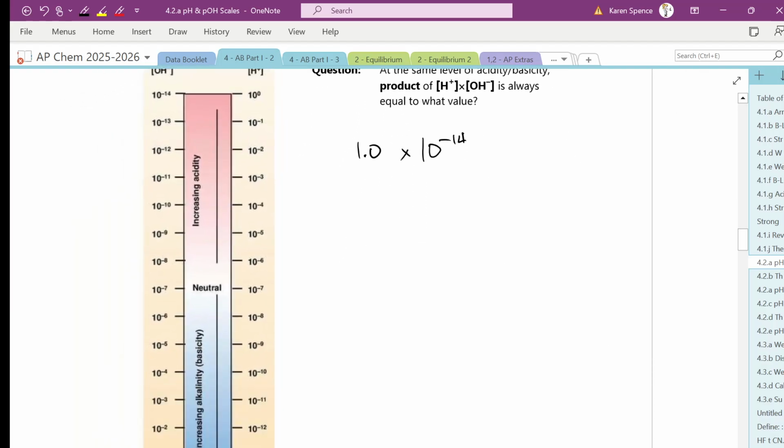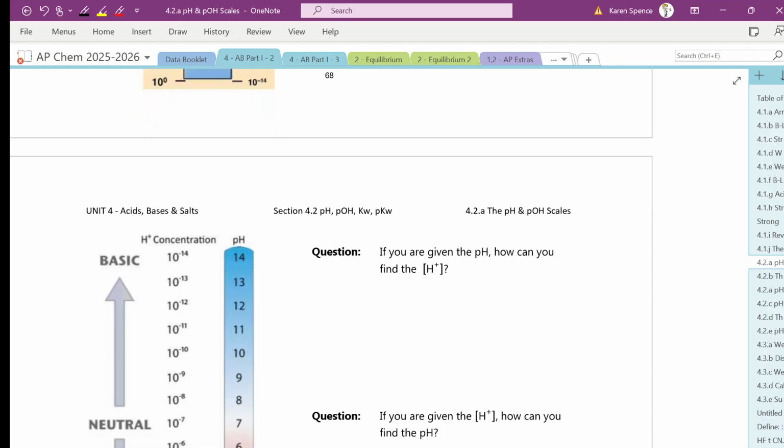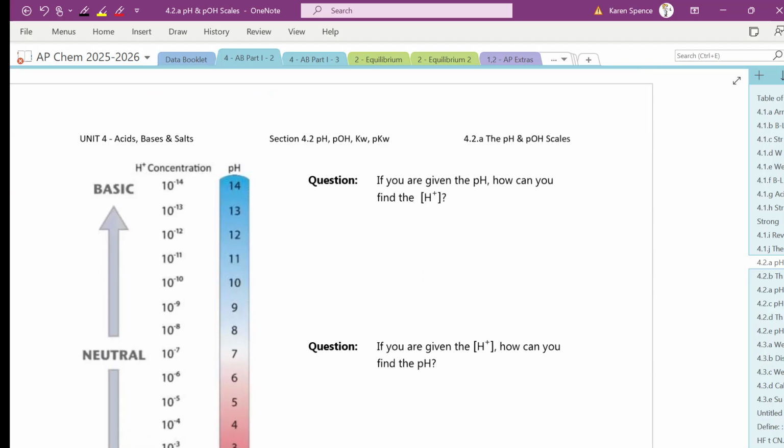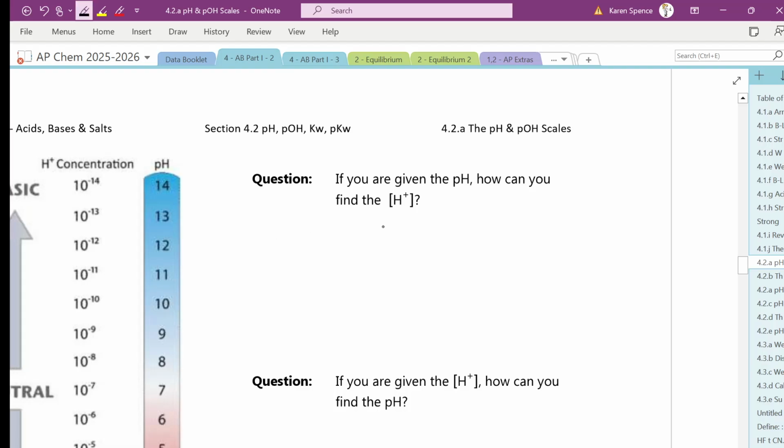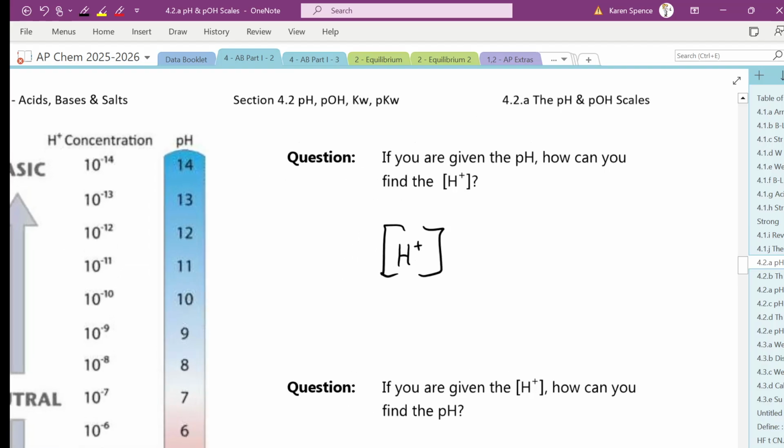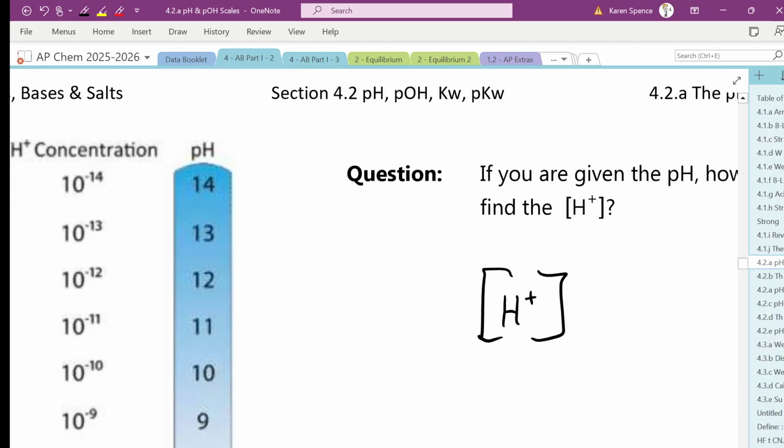Okay. If you are given the pH, how can you find the hydrogen ion concentration? Yeah, here's our hydrogen.